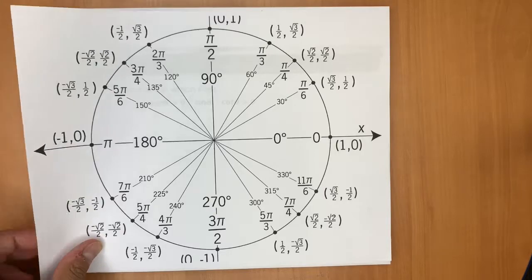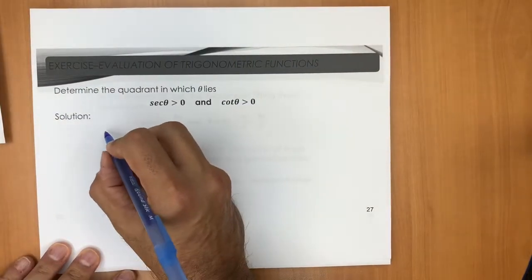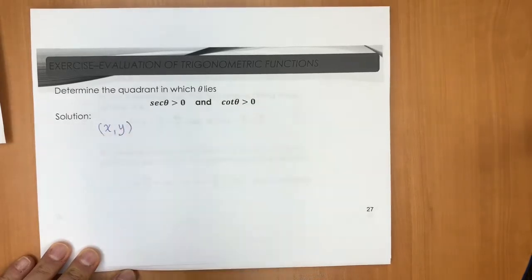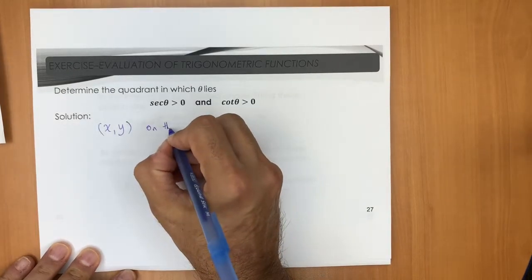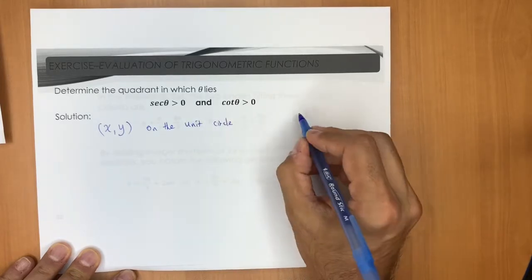So in other words, let me just write down here. If you have a point on the unit circle, let's say x and y, x entry and y entry on the unit circle.